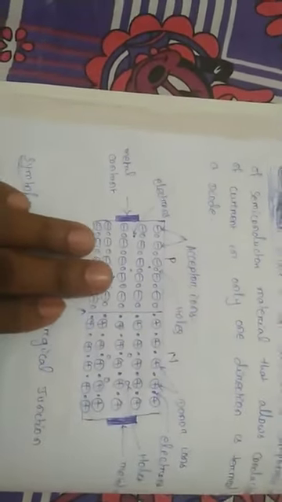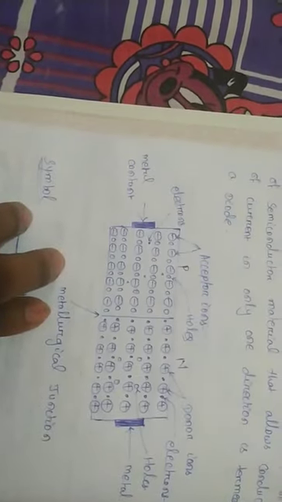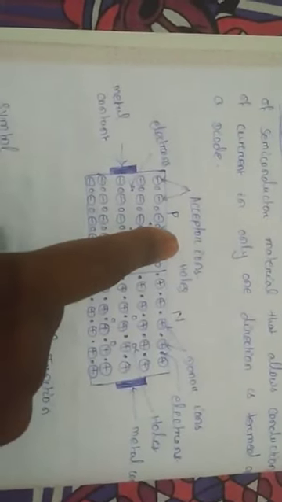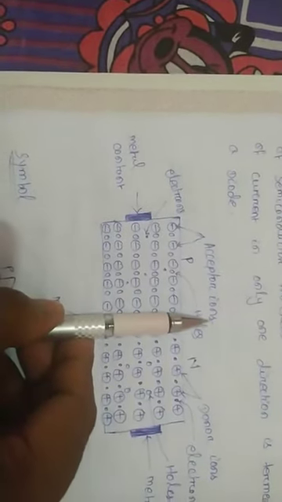In its basic form, it is actually a single crystal of silicon or germanium wafer, in which one region is doped with acceptor ions, that is trivalent impurity ions, to form the p region. As you see, one region is doped with acceptor impurity atoms to form the p region.